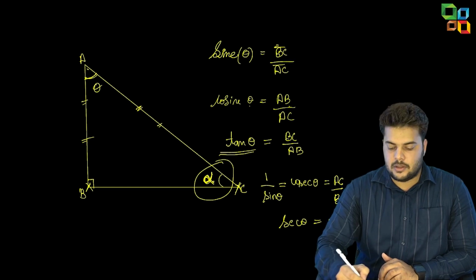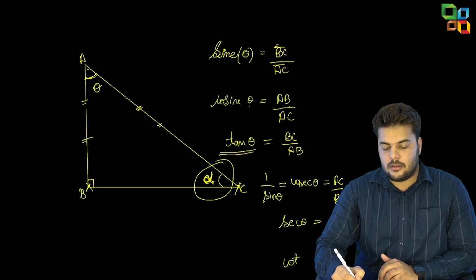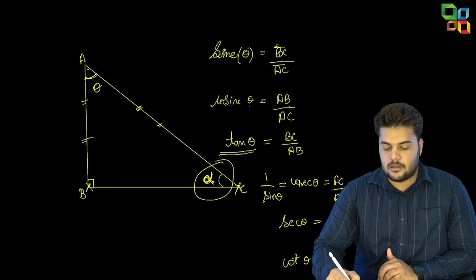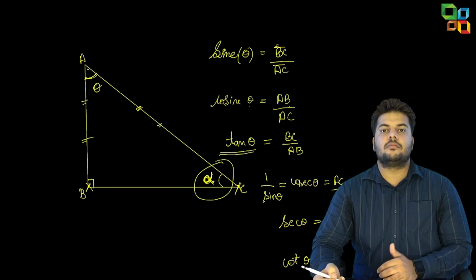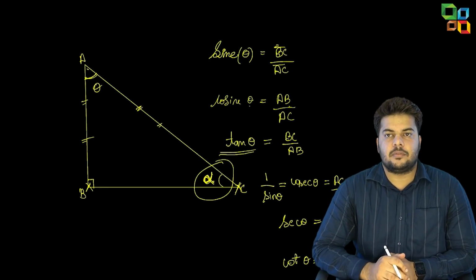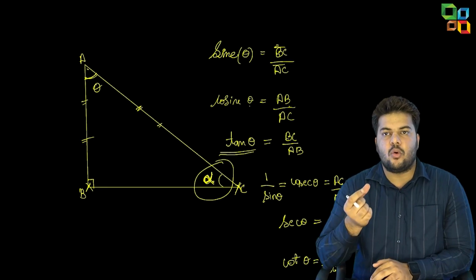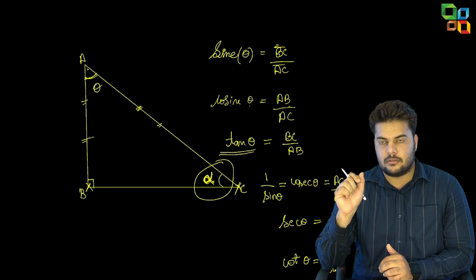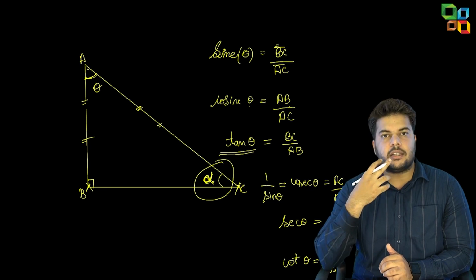And cot theta, cotangent theta, that is AB by BC. It's the reciprocal of tangent. I hope it's clear why we are calling it co. At least that is familiar, right? Cosecant theta, secant theta, cot theta, cotangent theta.